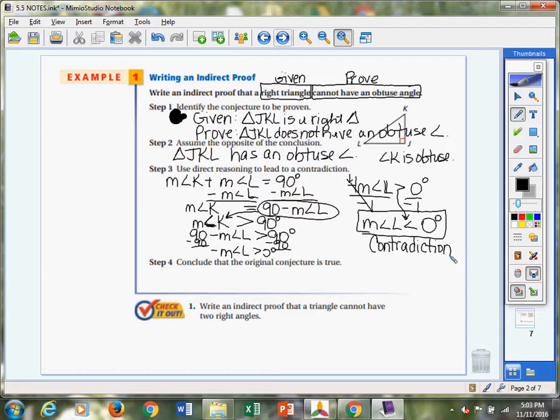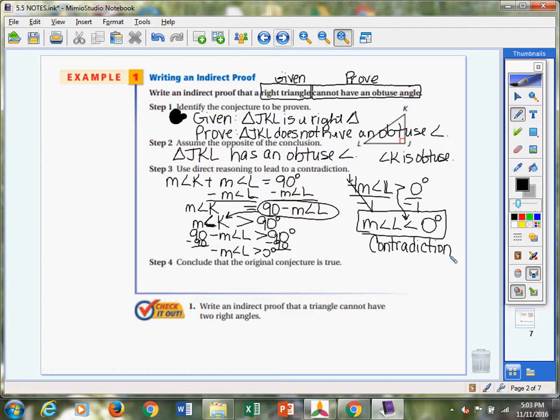You're looking for the contradiction, and it came from the direct reasoning we used, all the stuff we learned along the way. Acute angles of a right triangle are complementary, and then creating a subtraction problem out of that and isolating angle K. That's direct reasoning. There's a mathematical reason for that.